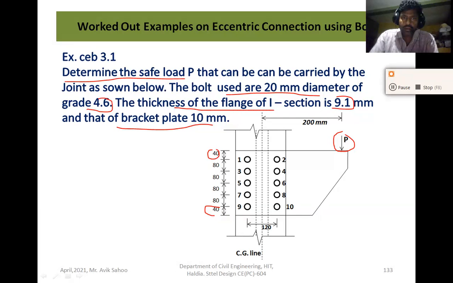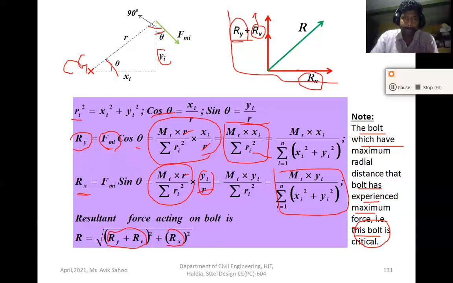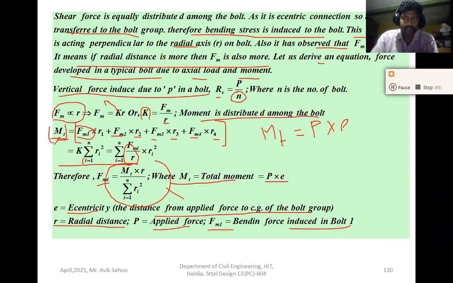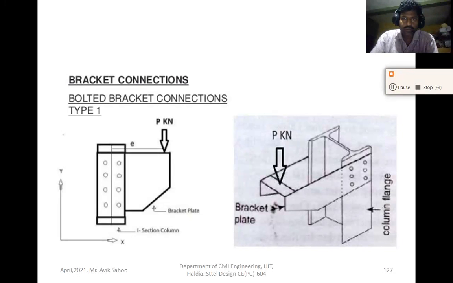The thickness of the flange of the I section is 9.1. I am showing the 3D figure, then you understand. So this flange thickness is given 9.1 mm and also the bracket plate connection thickness is given, that is 10 mm.